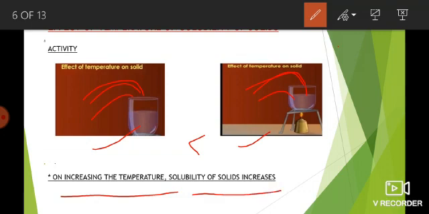As when we increase the temperature of water here, the amount of sugar that can be dissolved has also been increased. That means on increasing the temperature, solubility of solids increases. So this is the effect of temperature on the solubility of solids.